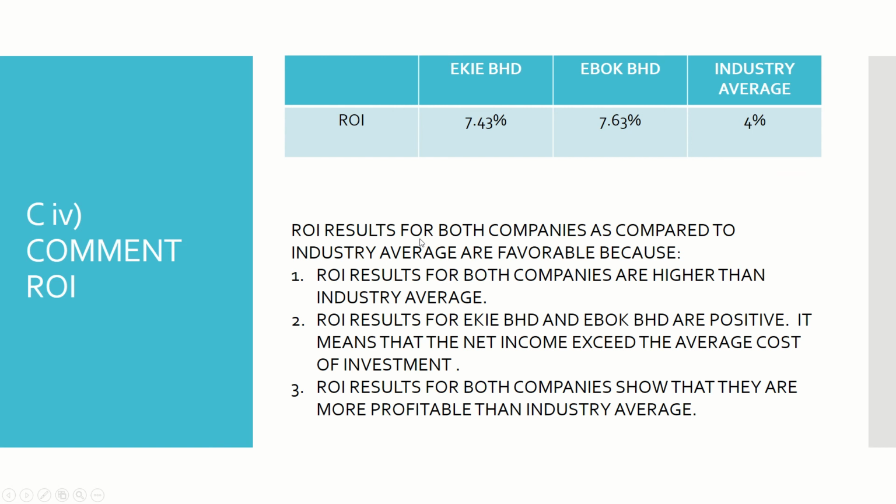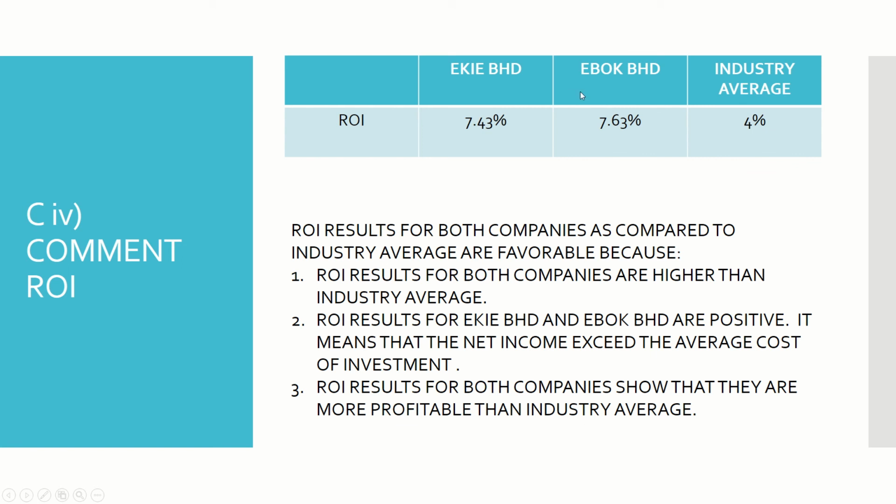ROI result for both companies as compared to industry average or competitor average is favorable because, 1. ROI result for both companies is higher than industry average. Iki Berhad 7.43, Ibu Berhad 7.63, and industry average is only 4%.